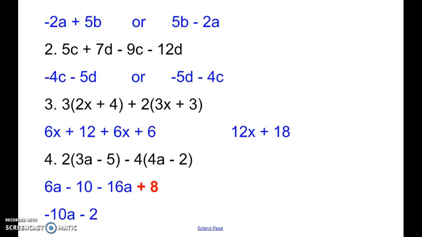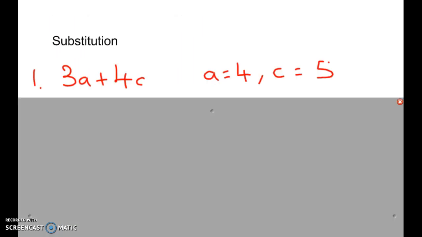Okay, hope that made sense. Let's move on to some substitution. Okay, here we take the value of the letter and substitute it in place of the letter. And remember, when we've got a number and letter next to each other, that's an implicit multiplication, so 3a means 3 times a.